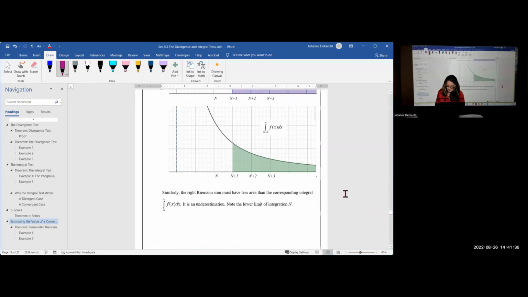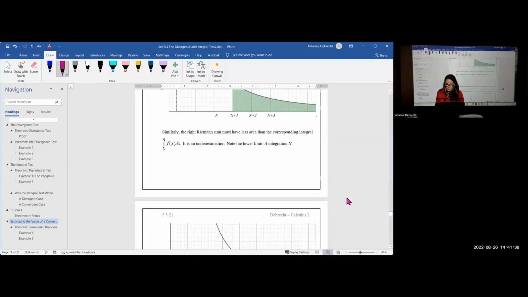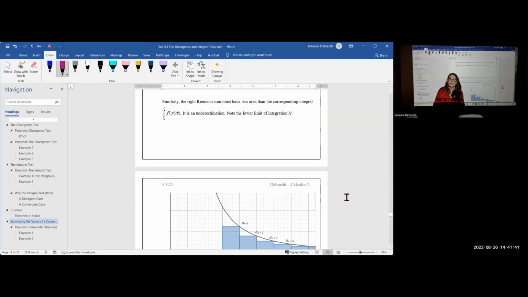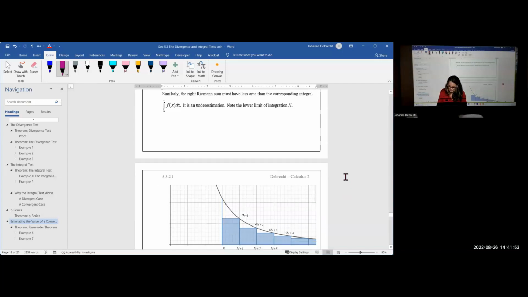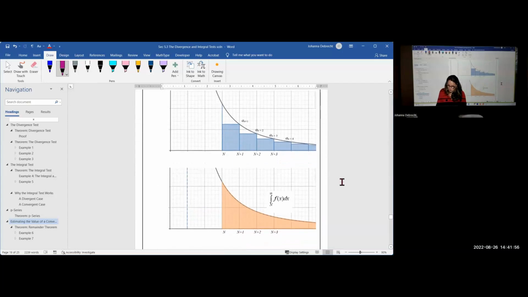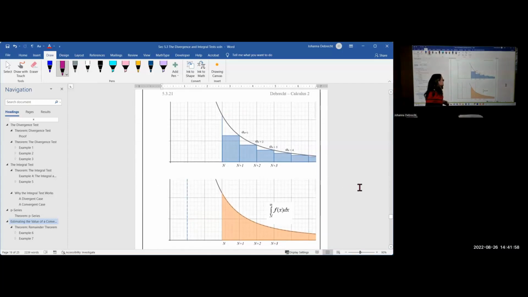Now let's take a look at the right Riemann sums. We know the right Riemann sums on a decreasing function are an underestimation. But this time, remember that the right Riemann sums didn't start at uppercase n plus 1. They started at uppercase n, so they started further to the left. But again, they're using the same points as the left Riemann sum starting at n plus 1. So when we look at this, we can see that this area in orange is the improper integral from uppercase n to infinity of f of x dx.